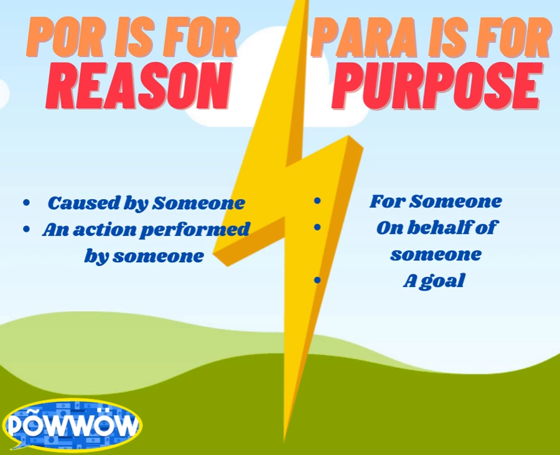And then with the purpose, for example, if we're preparing for a competition, that's just been a purpose, something that we've been wanting to do. Nothing happened before that made us want to do it, but it's something that we've wanted to do. So that would be the difference between the reason and the purpose in this case.